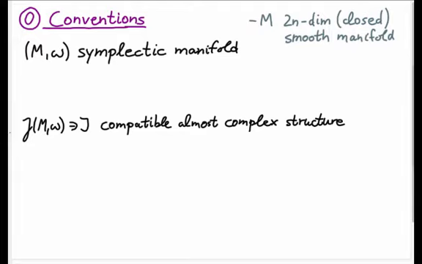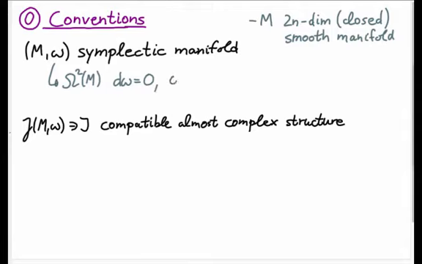And then this omega here is a symplectic form. So that's a 2-form on M, which is closed, and something called non-degenerate, which has various forms.